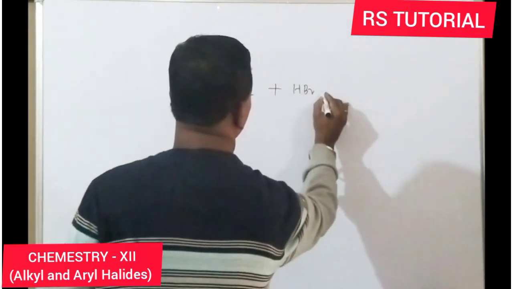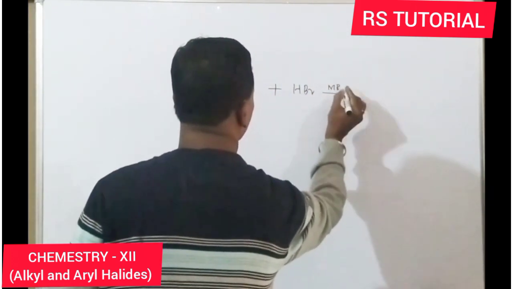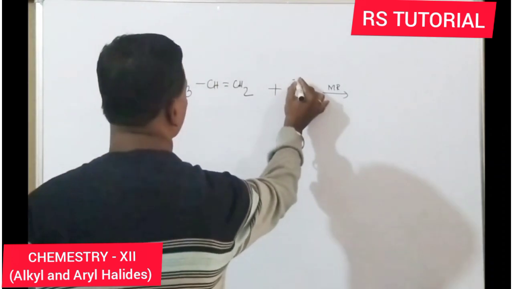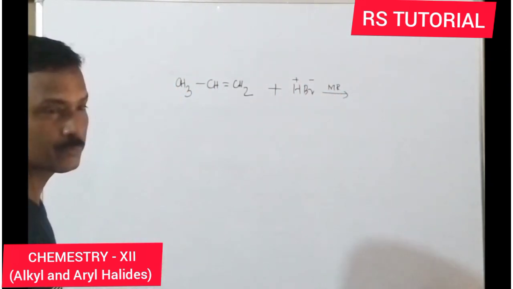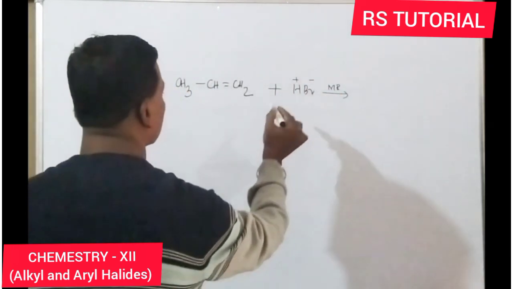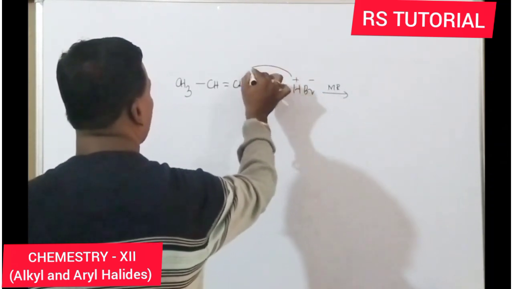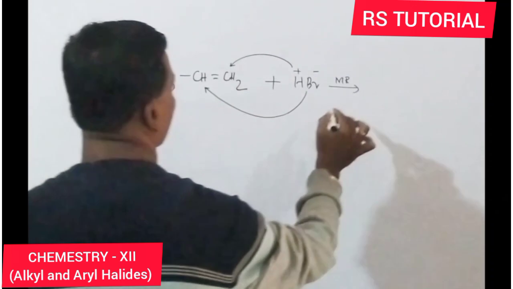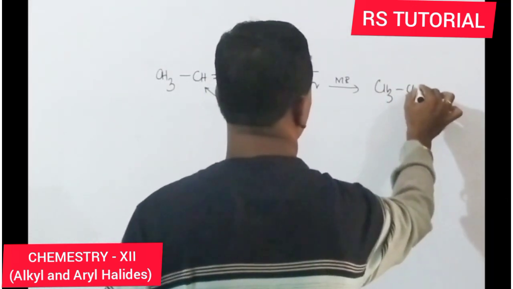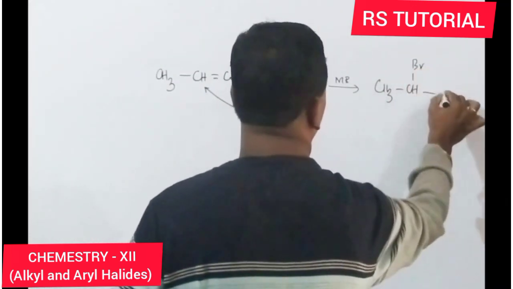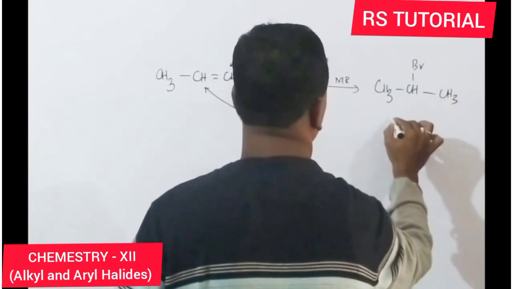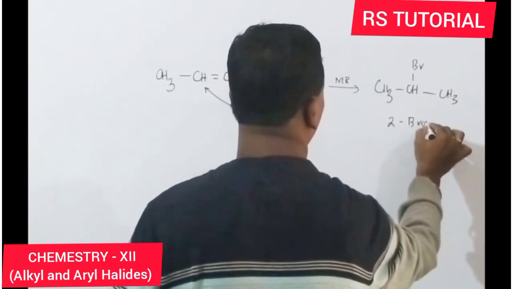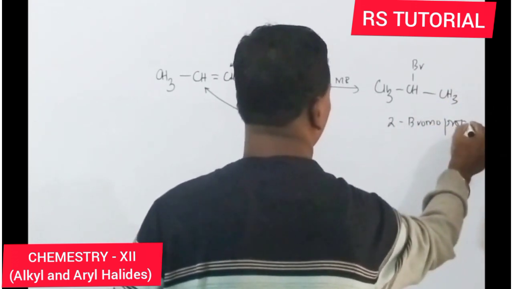So according to Markovnikov's rule, H plus and Br minus. H plus is added to this carbon and negative is added to this carbon. This is the major product, 2-bromopropane.